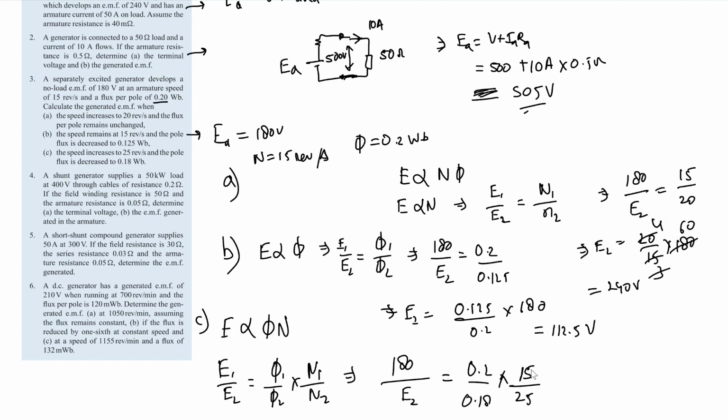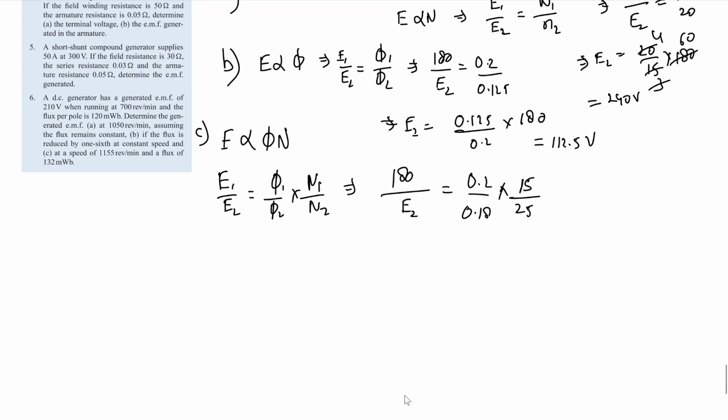Okay. So E2 I can write here as 0.18 divided by 0.2 cross multiplication into 180.